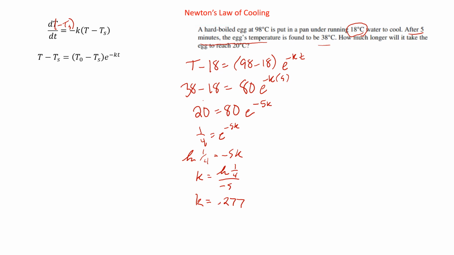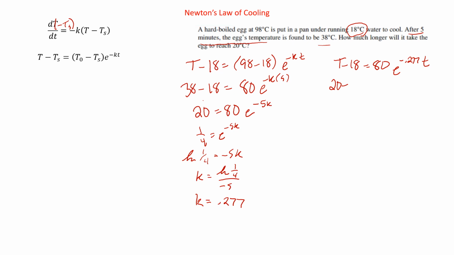So we can plug that into our equation. T minus 18 equals 80, because that's 98 minus 18 anyway, e to the negative 0.277 t. So how much longer will it take the egg to reach 20 degrees?